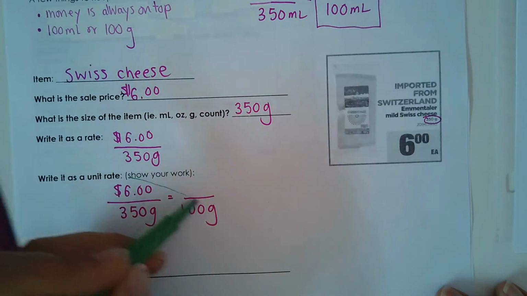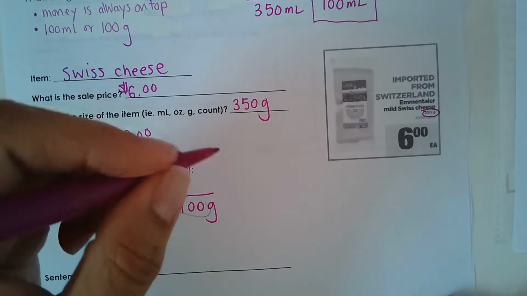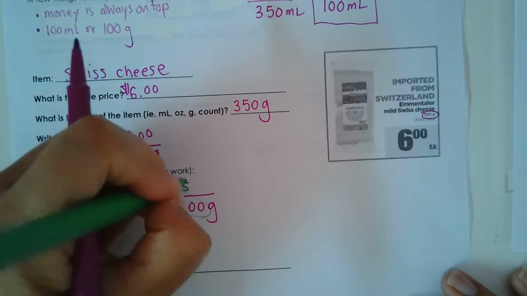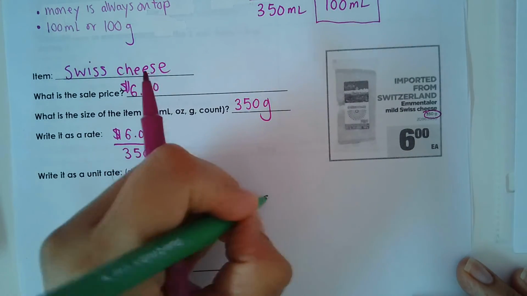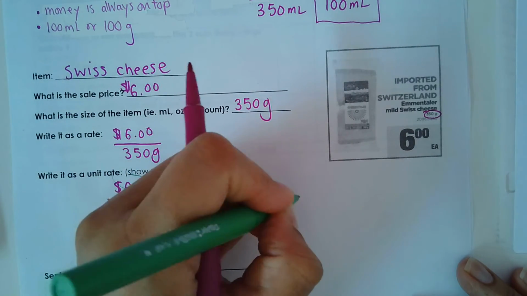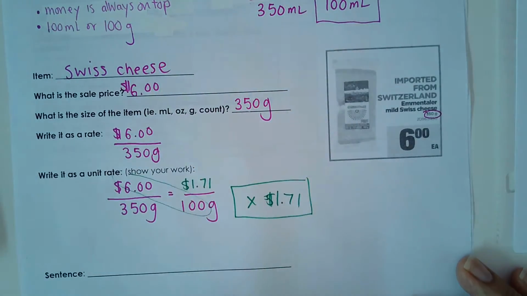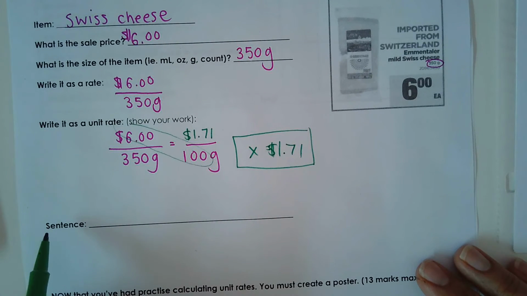So $6 times 100 divided by 350, and we get $1.71. Make sure you round your numbers. Okay, so X equals $1.71.